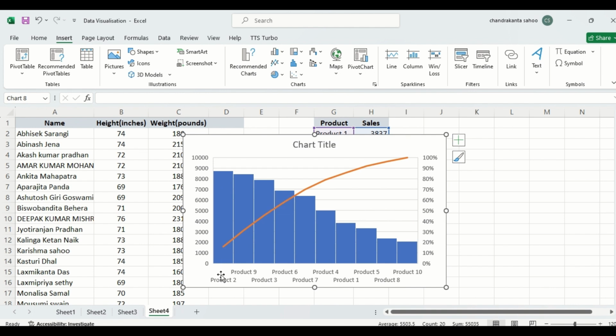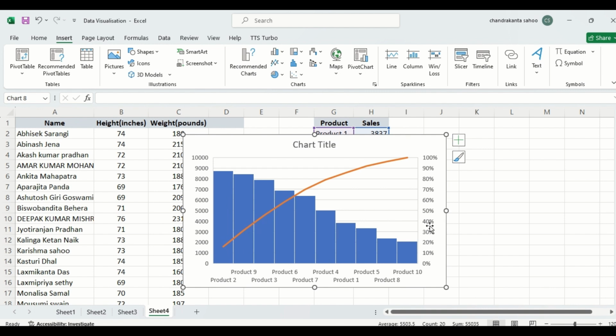Here, the product that is most frequently sold, having the highest number of frequencies, is appearing first. If you see the value, this first series, called product 2, is 8722. Then next it is 8453.